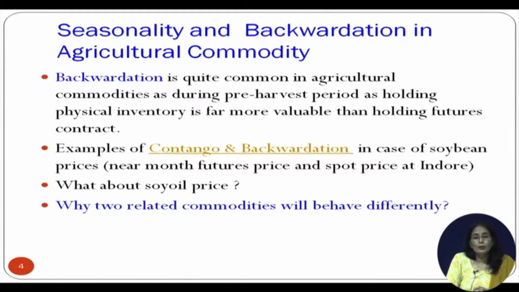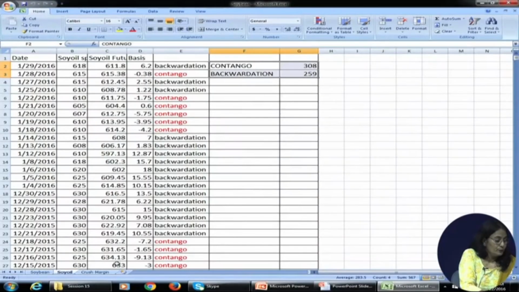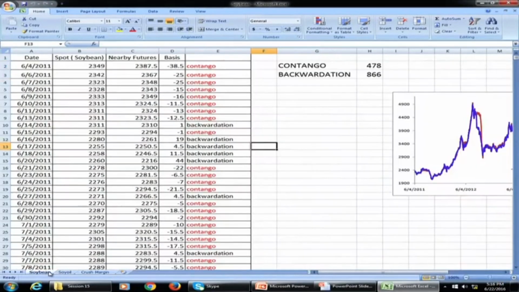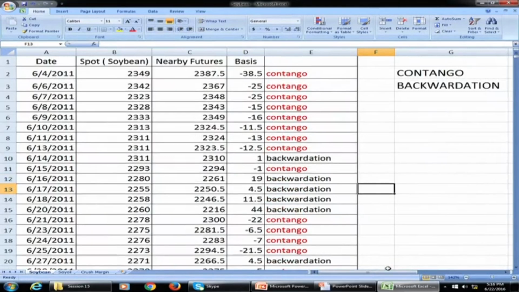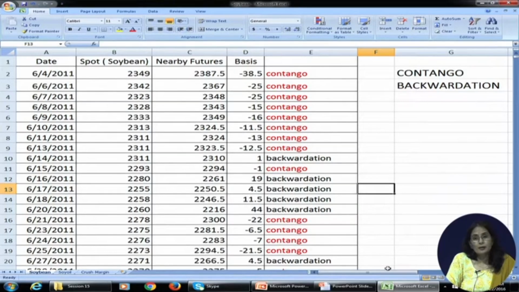Now, let us see whether contango and backwardation happen, and if they happen, with what regularity. I hope you are able to see the details. Of course, this Excel file will be made available to you when you are watching this video.